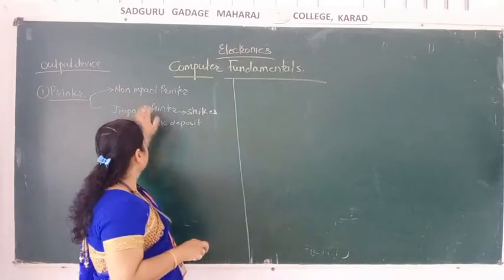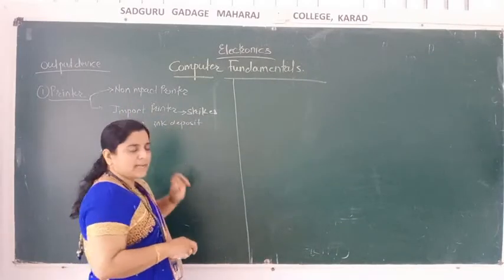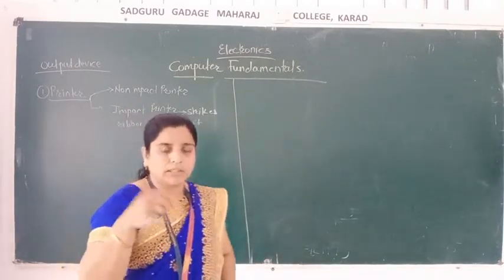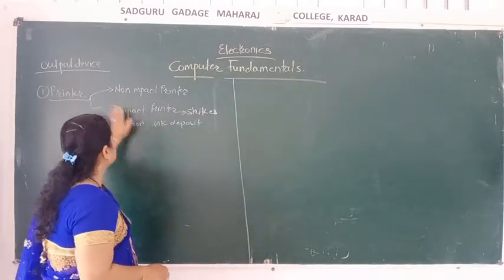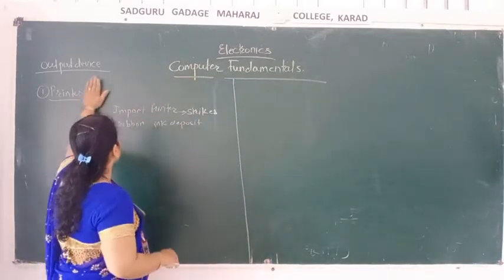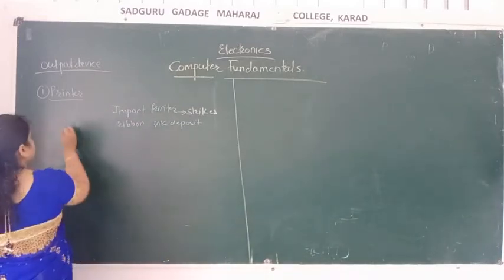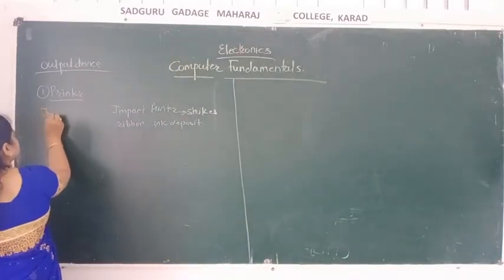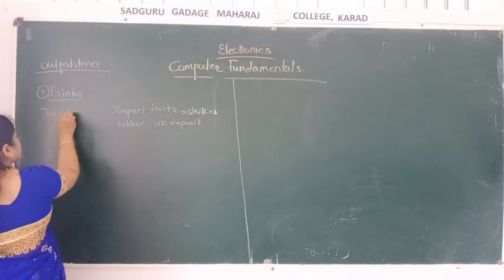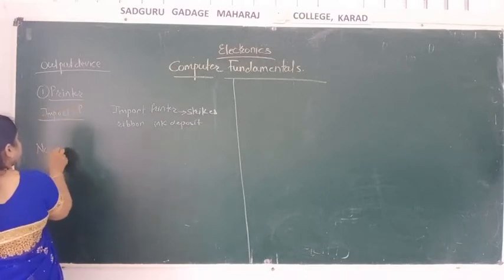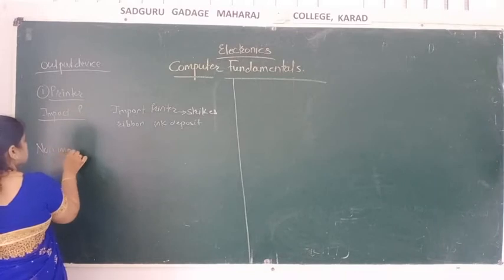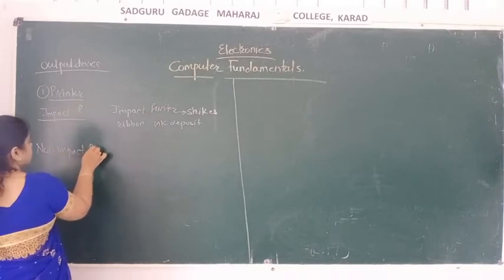In a non-impact printer, what happens? It does not strike the paper. So the types of these printers, I am writing here: first is the impact printer and the non-impact printer.